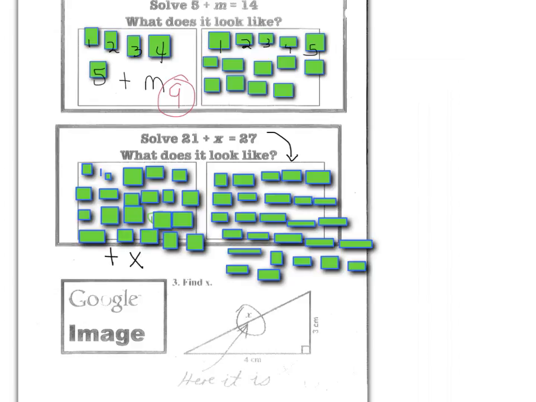So now, the easiest way to figure out what x is, let's go through and cross off 21 to figure out how many we would need.